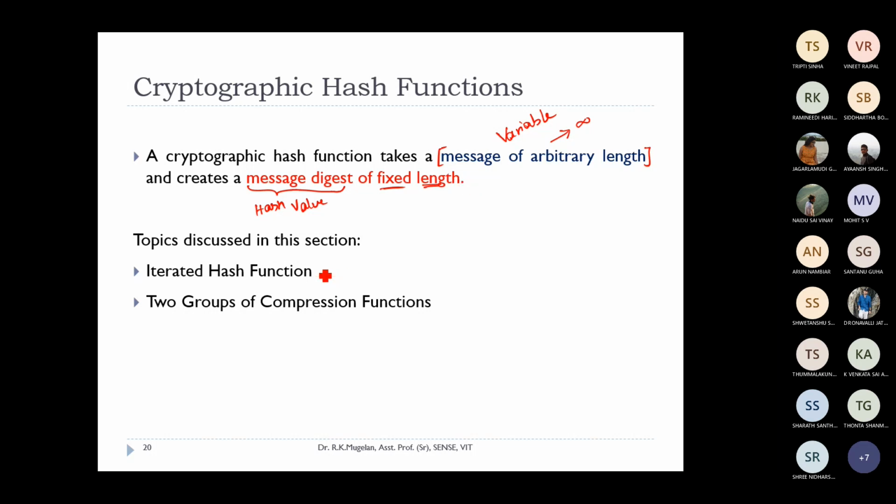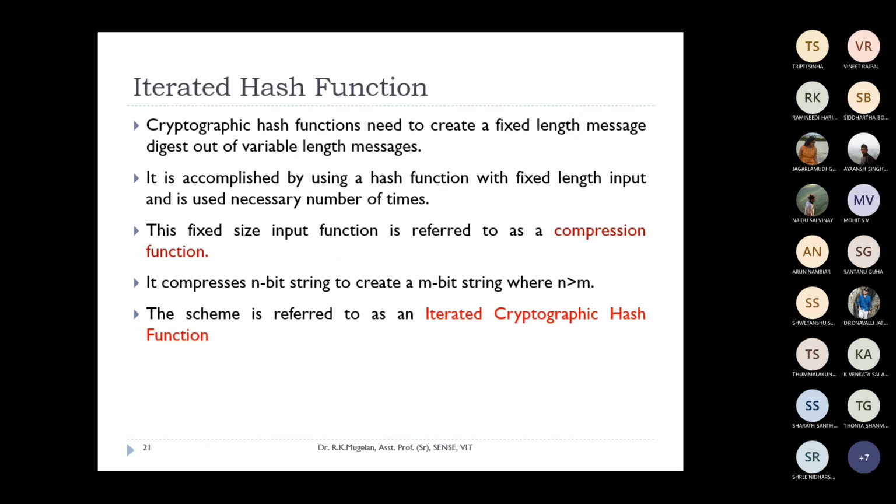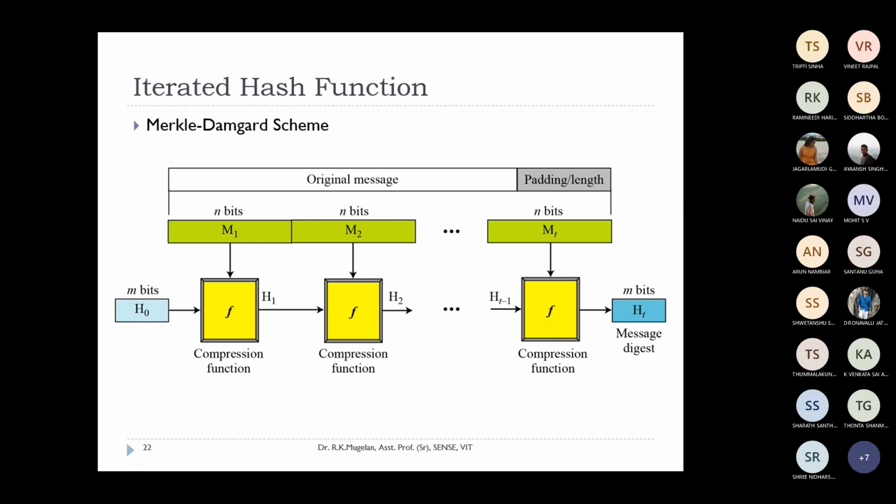Right. So in this we'll be discussing what we mean by iterated hash function, and what two different groups we can classify based on the compression function. Before moving into iterated hash function, I'll directly explain this. This is the very basic structure for our hashing algorithms, called the Merkle-Damgård scheme.